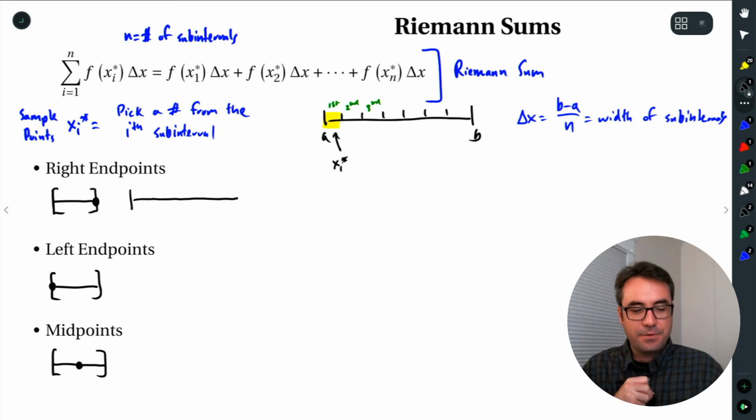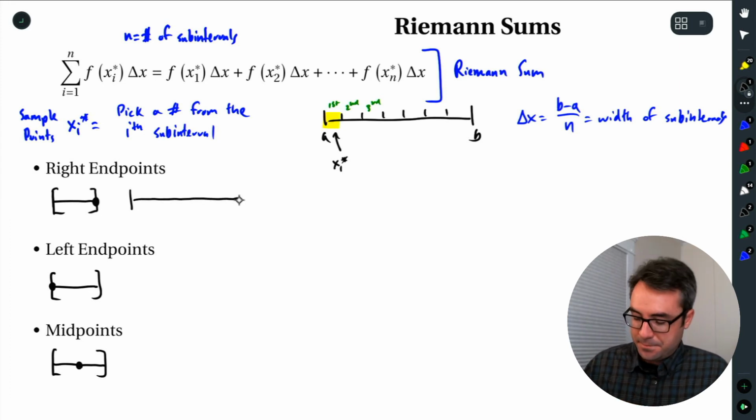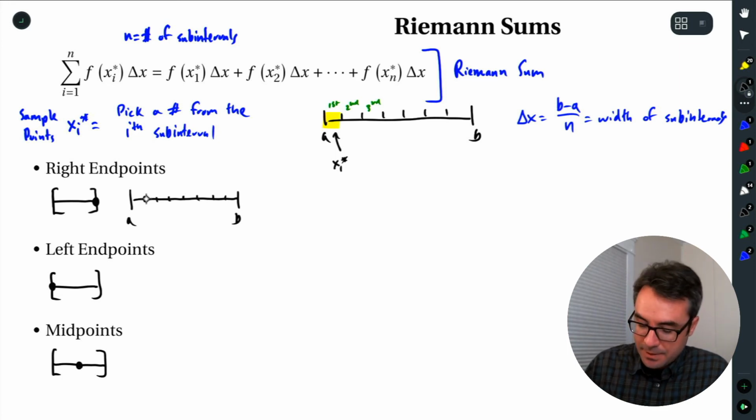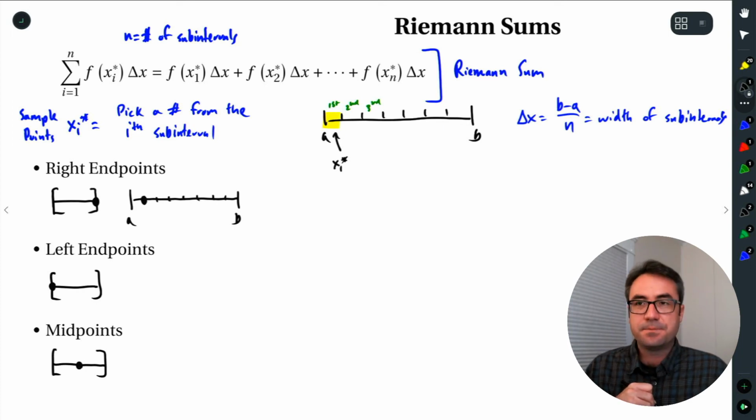If we had our interval from A to B, and we have all of our little subintervals here, what would it look like when we go through and pick the right endpoint from each of those? Well, from this first subinterval, if we use the right endpoint, it means we're using this.